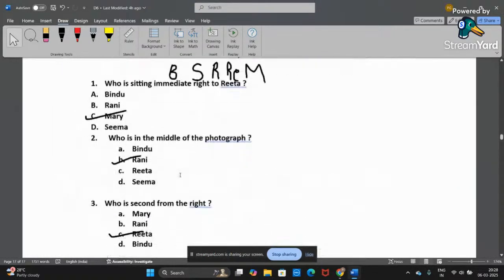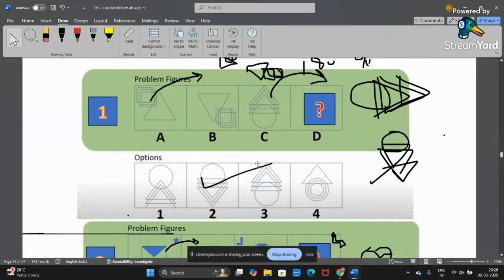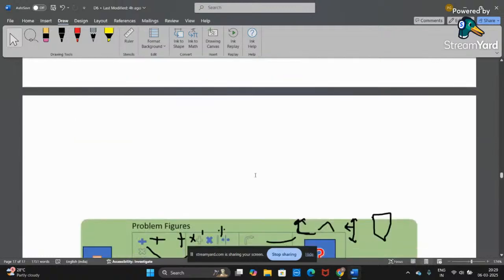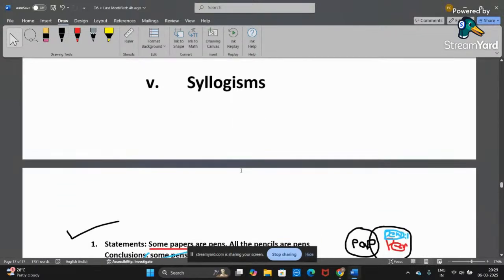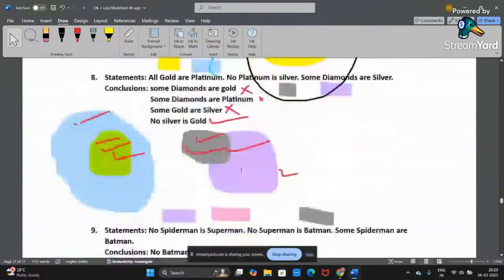Then we learned about visual reasoning, then syllogisms.